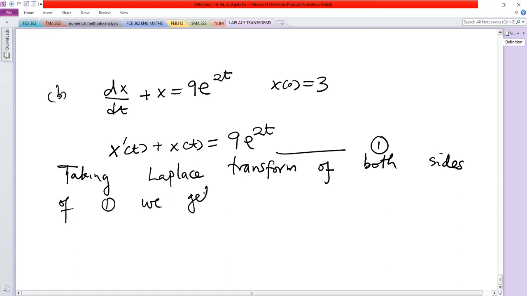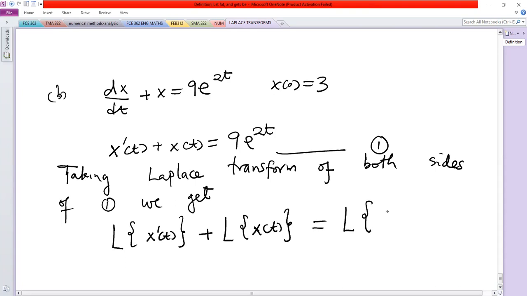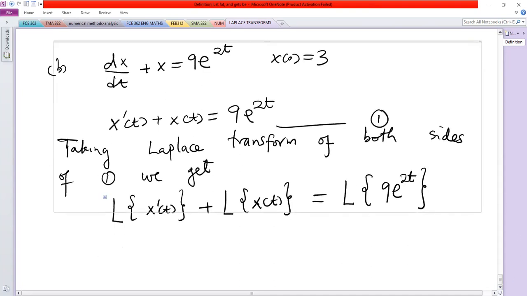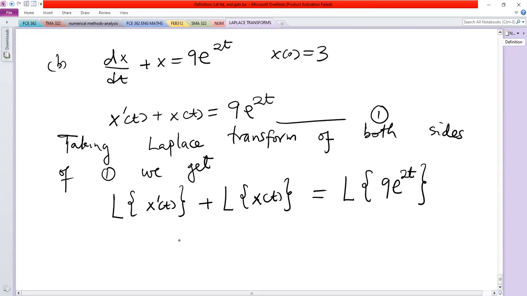we get the Laplace transform of the derivative of x plus the Laplace transform of x(t) equals the Laplace transform of 9e^(2t).